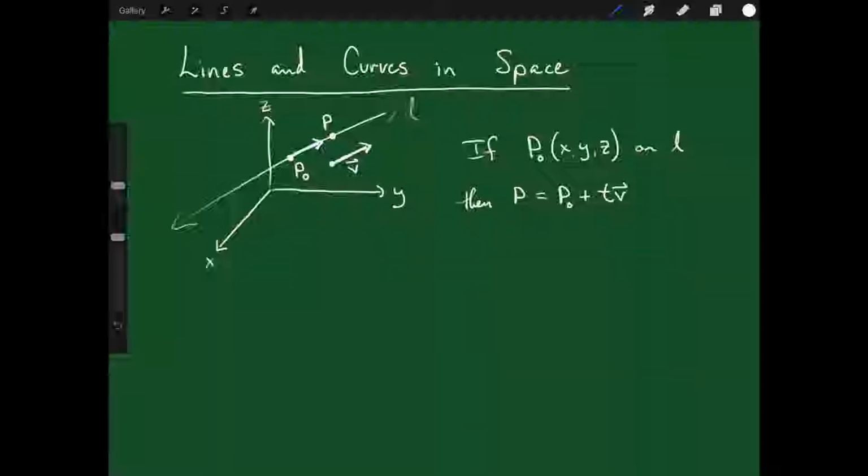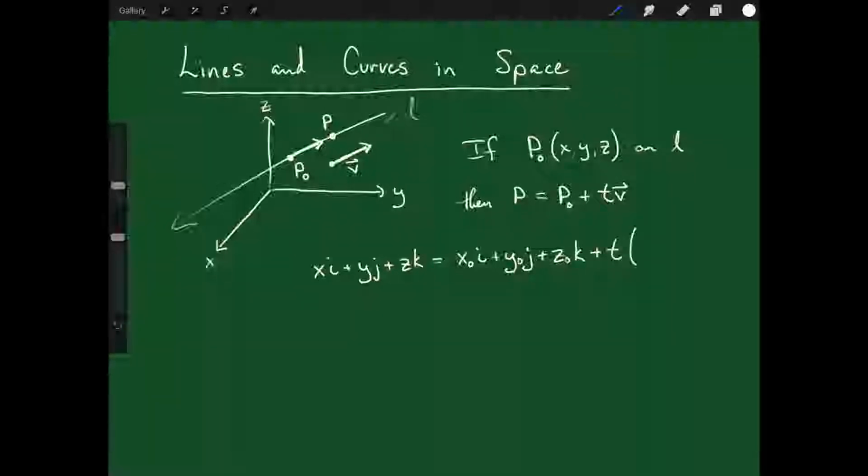And so one way of thinking about this is the following. If I want that point, xi plus yj plus zk, then that's going to equal my initial point P0, which I'll write as x0 times i plus y0 times j plus z0 times k, plus t times v.